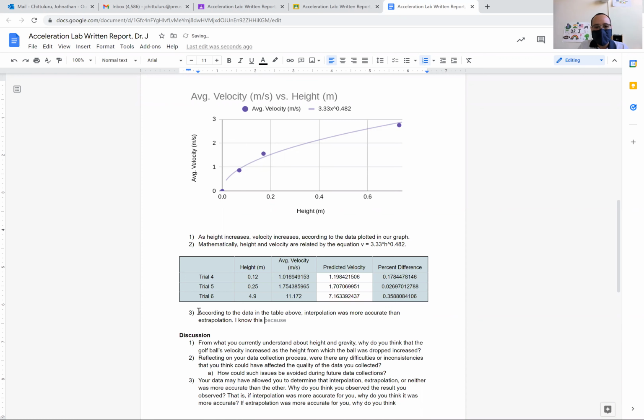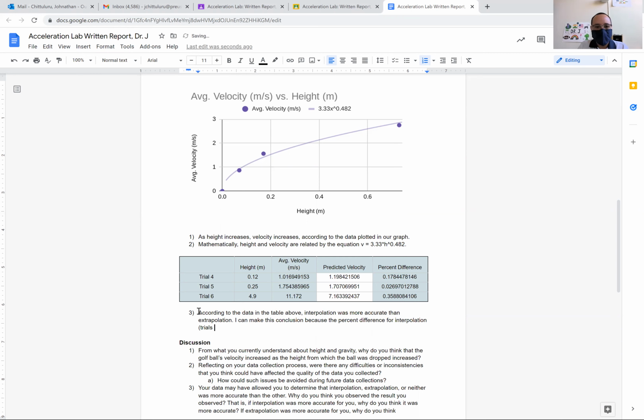Okay, I can make this conclusion because the percent difference for interpolation trials 4 and 5 was lower than the percent difference for extrapolation trial 6.